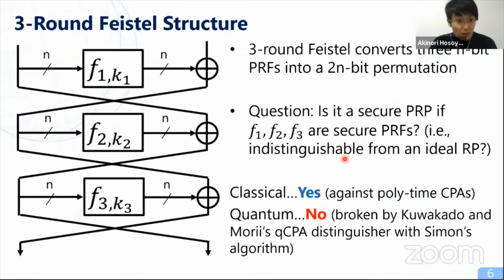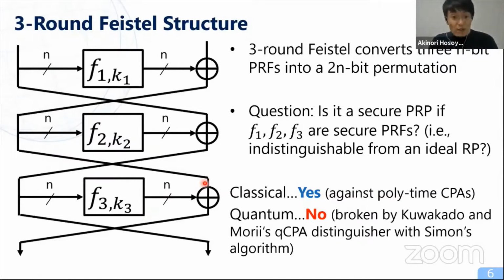Next, I'd like to explain the Feistel structure. So what is the Feistel structure? This picture illustrates the 3-round version. This converts 3 L-bit PRFs, F1, F2, F3 into a 2L-bit permutation. A natural question is: does this permutation become a secure PRP if F1, F2, F3 are secure PRFs?